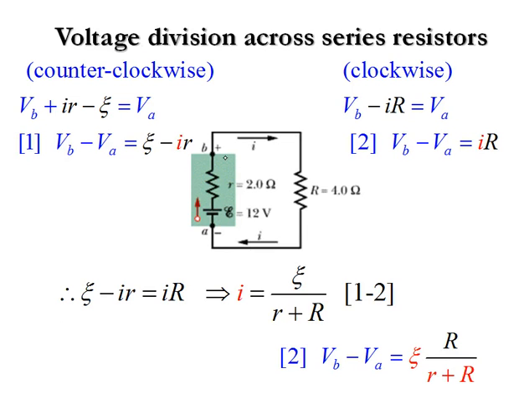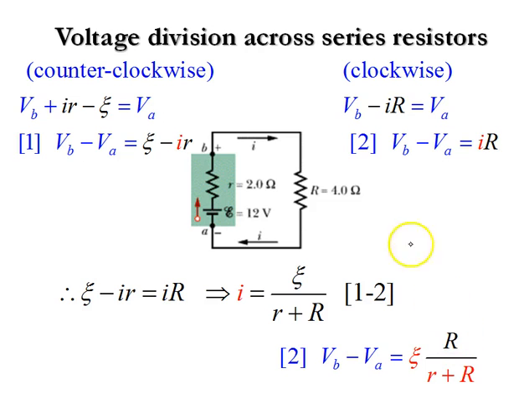So when we look at this, we can then solve for, since our I is equal to EMF over R plus R, if we plug that current back into our equation 2 here, we get VB minus VA is equal to the total voltage times the resistance R divided by the sum of the resistances. That gives us our voltage division.